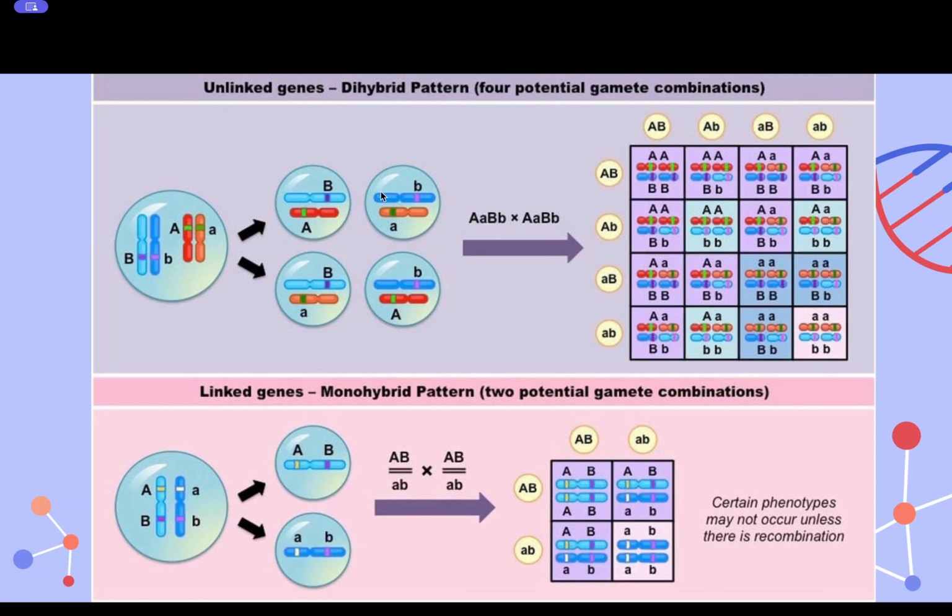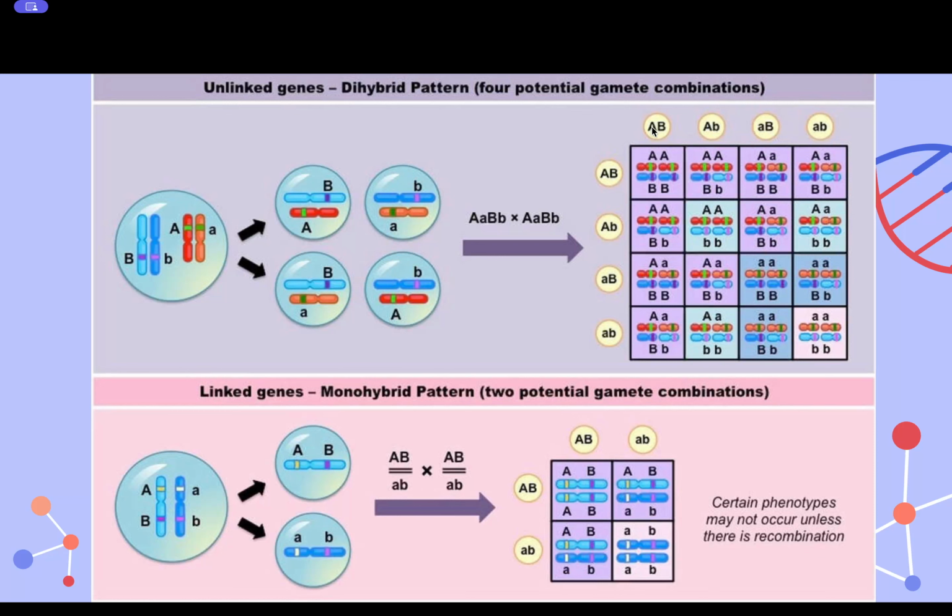Because of how meiosis and then fertilization occurs, these two sister chromatids would separate, and these two chromosomes might separate or might be in the same cell, or it can all change depending on the arrangement. That assortment, which is Mendel's cross, will result in the 9 to 3 to 3 to 1 ratio. But for linked genes, since they're linked together, they have to be combined together.